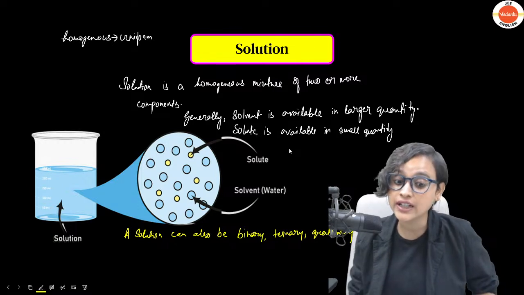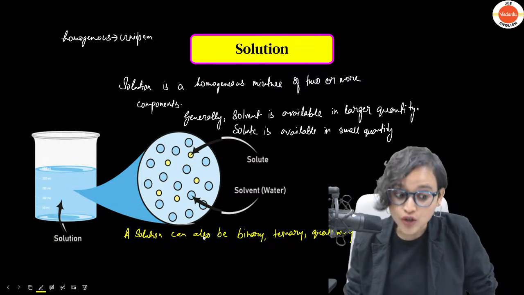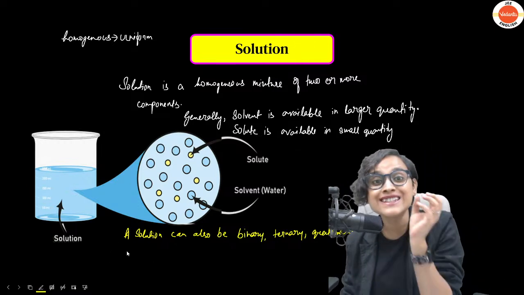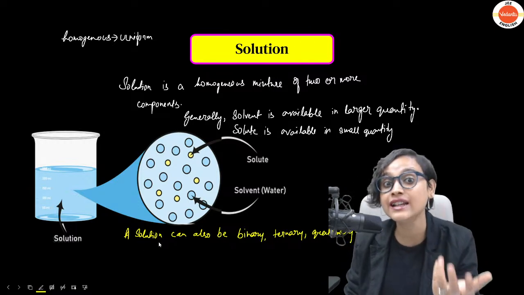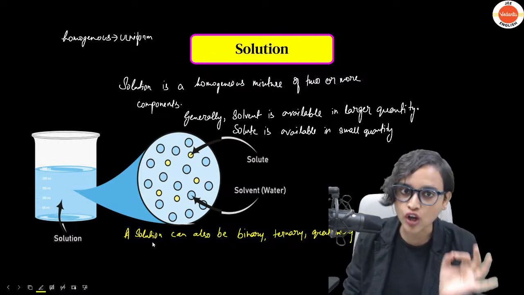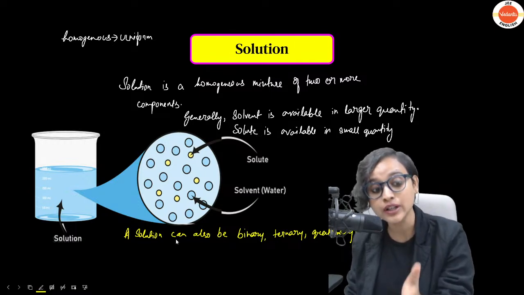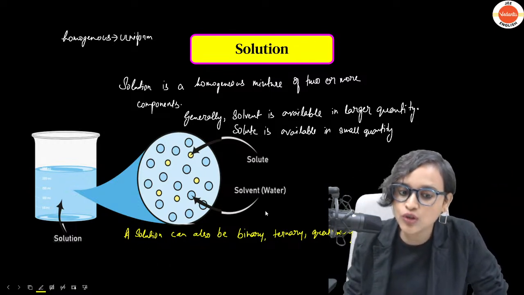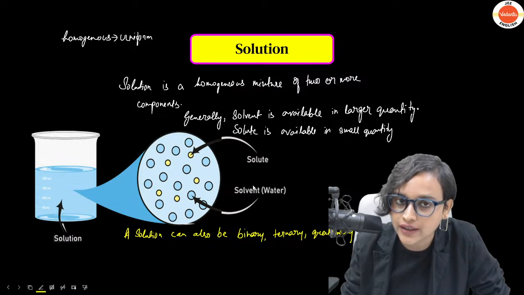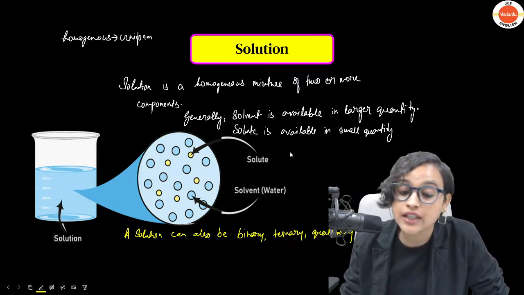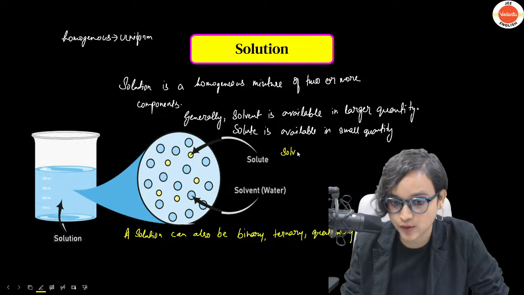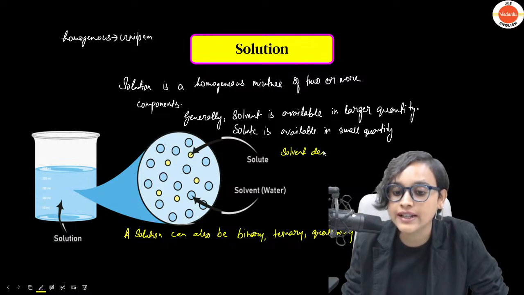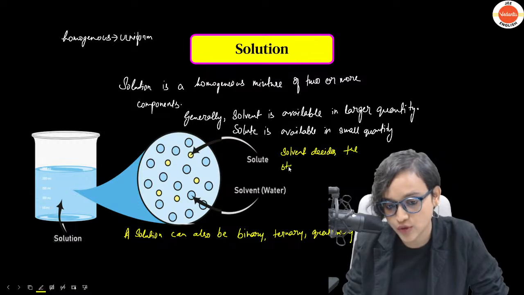But I'm telling you that it is possible. So who decides the state, whether the solution is going to be solid, liquid, or gaseous? The solvent decides. Solvent decides the state of the solution.